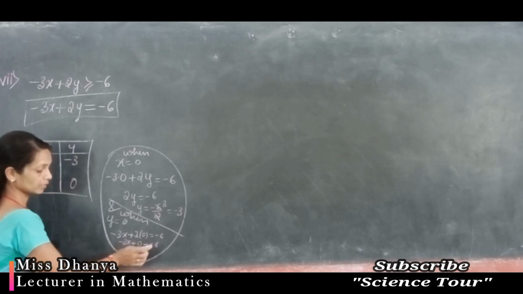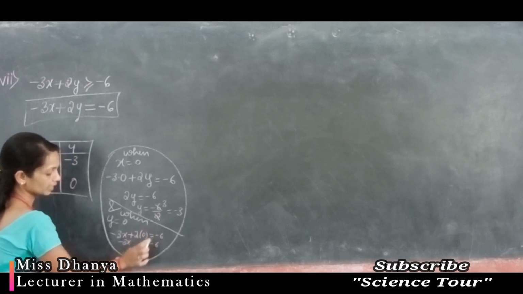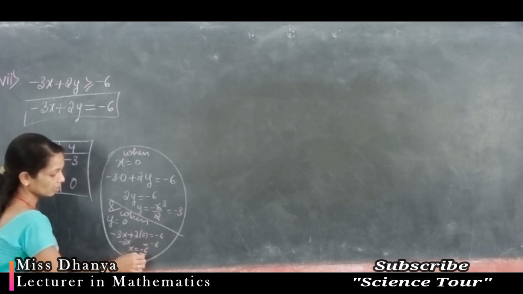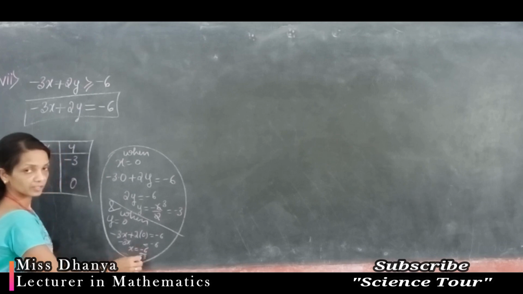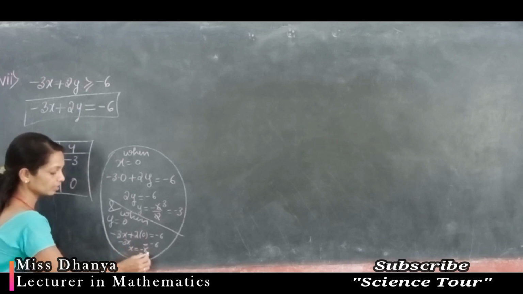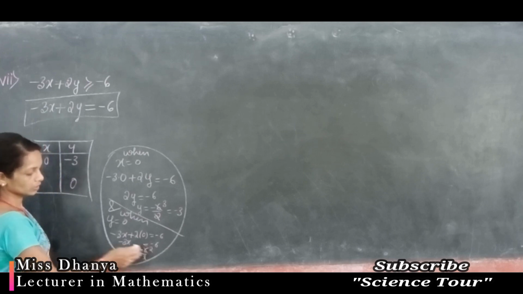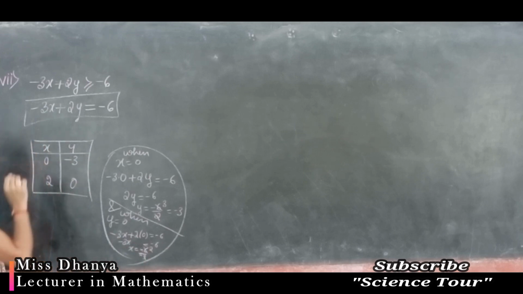Now we get x equal to minus 6 divided by minus 3. The minuses cancel, 3 once 3, 2 times. So what is the value of x? The x value is plus 2.